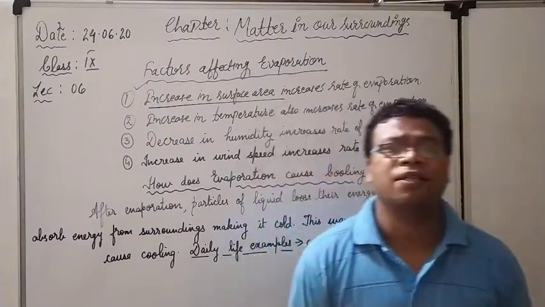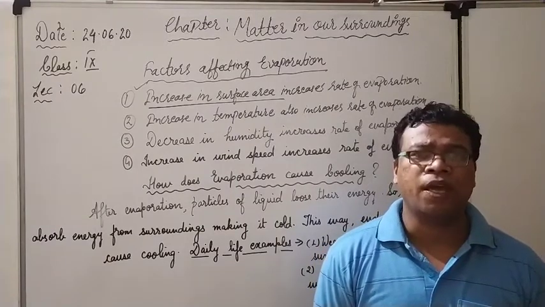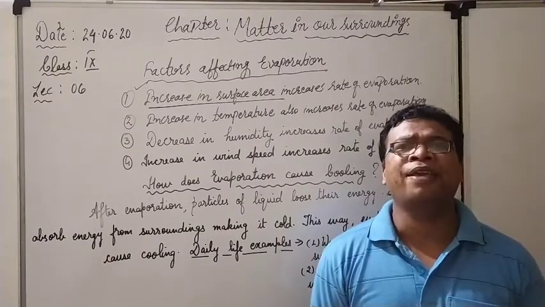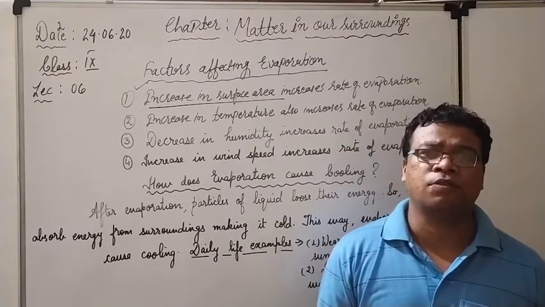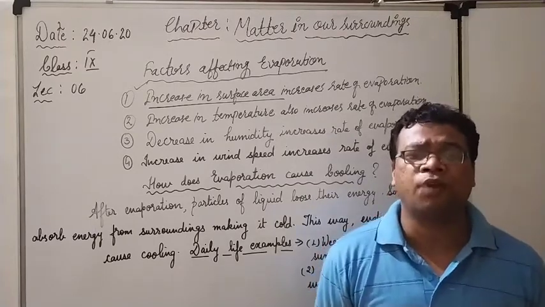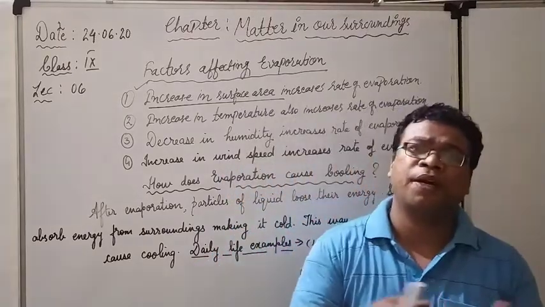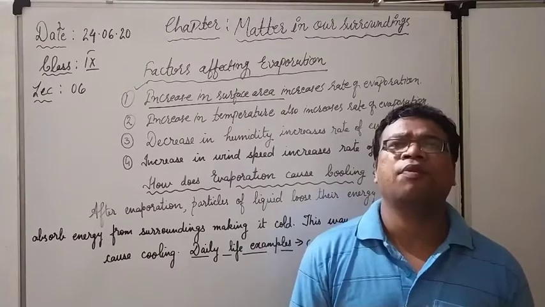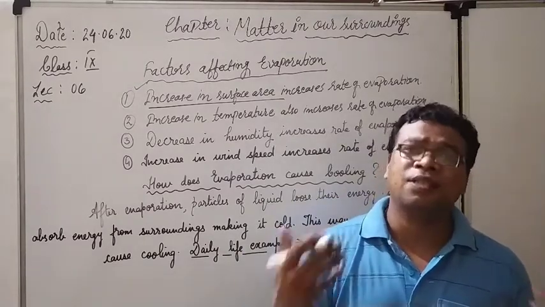I can take another example for easy understanding. When we dry our clothes, we generally spread our wet clothes and keep them on ropes. Why do we spread our wet clothes? To increase the surface area.